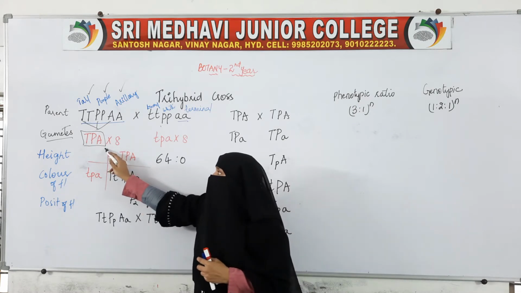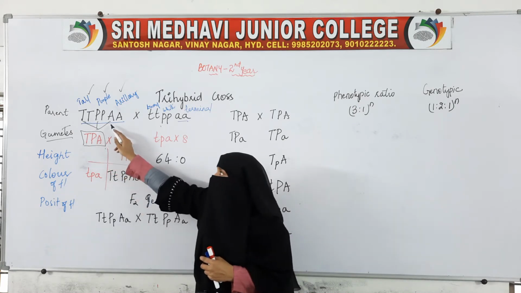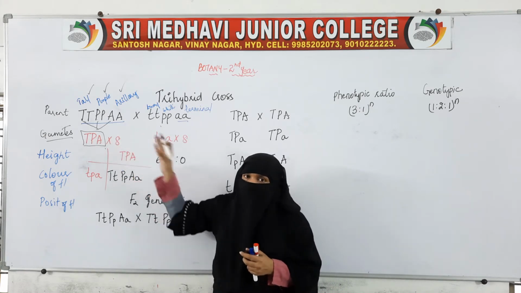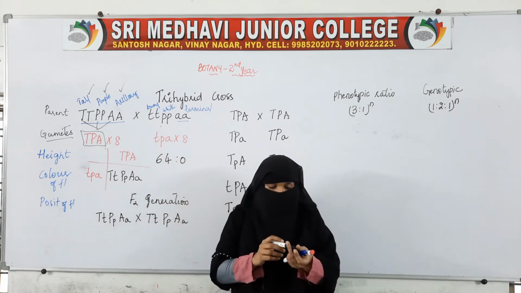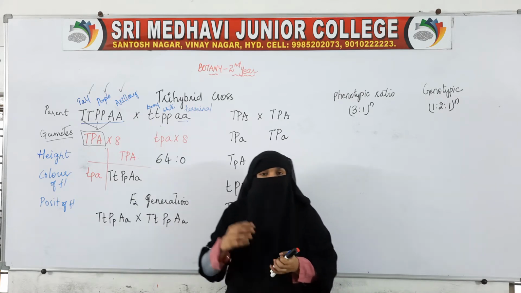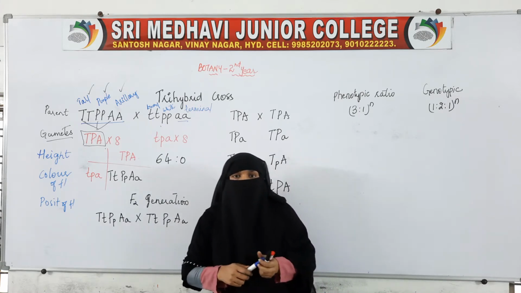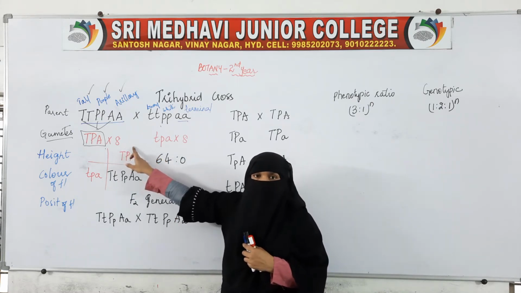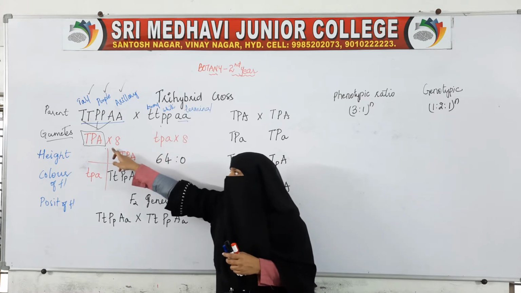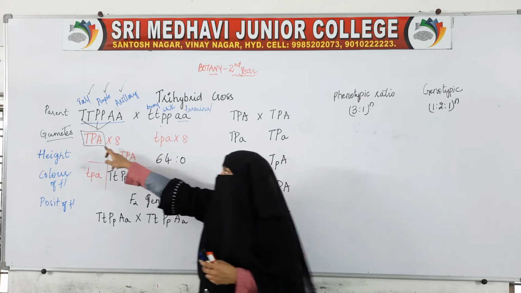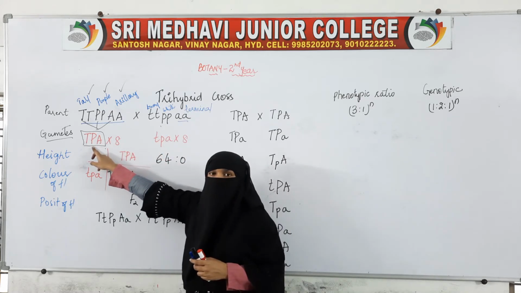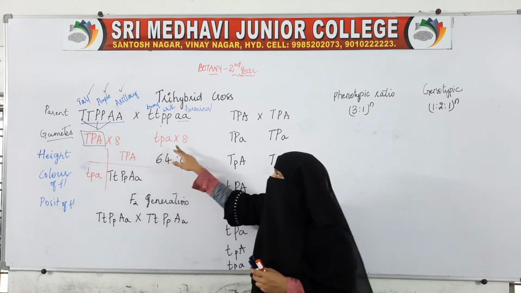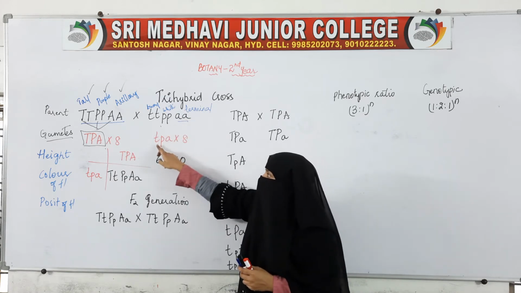We get 8 combinations. As it is difficult, I have already explained how the gametes are formed in the monohybrid cross and dihybrid cross, so you can do it in your book. So we get 8 gametes of capital T, capital P and capital A from this plant, and from this plant we also get 8.